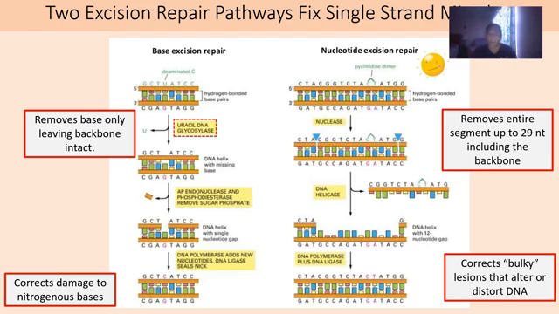Now, when there are other mistakes that are happening, like we talked about, that things happen all the time to damage the DNA, there are two main excision repair pathways that fix single strand mistakes. This is looking at either deamination damage or pyrimidine dimers of some sort.